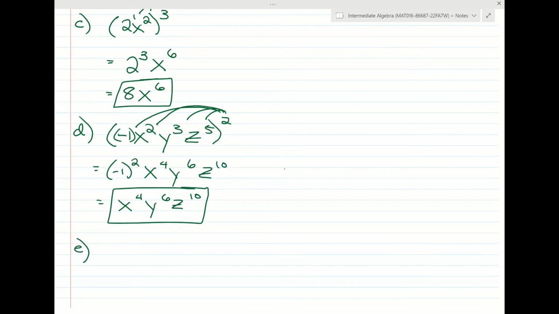All right, and what about if we did the same thing with a fraction? So if I did 2x to the second, y to the third over z to the fourth, all to the third power. We're going to distribute that third power to everything.